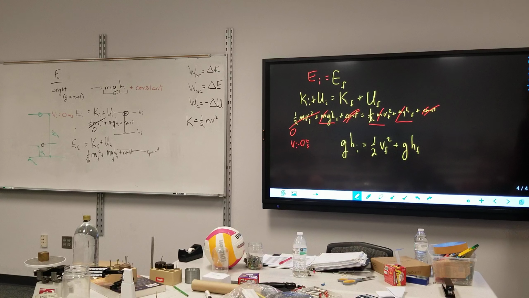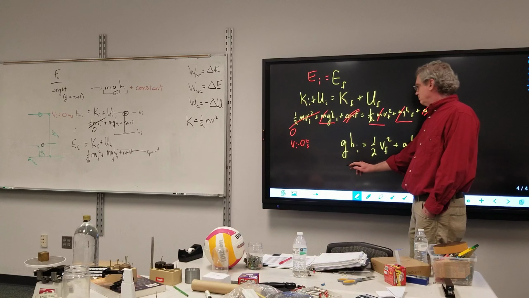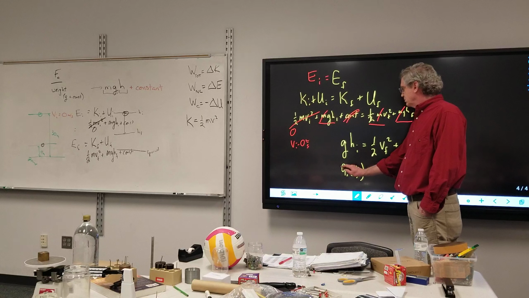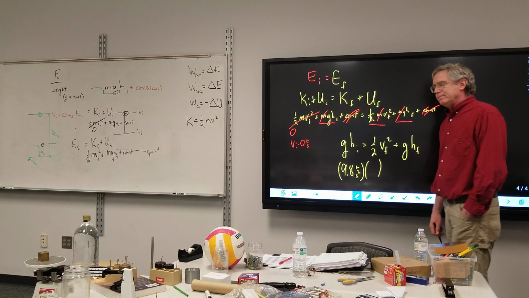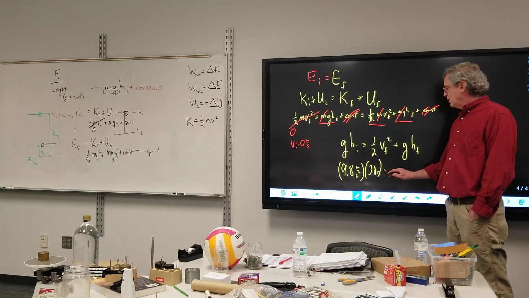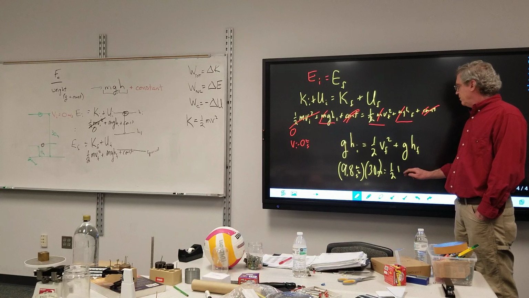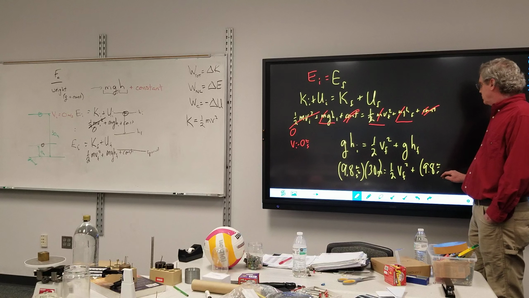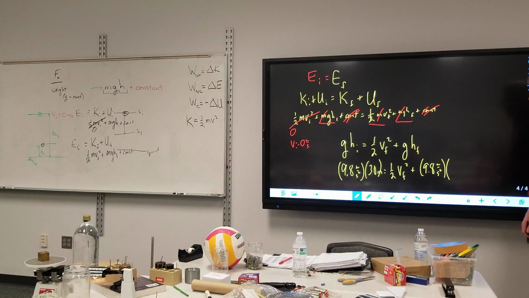So now, let's plug numbers in. g, 9.8. The initial height, 30, equals 1/2 the final speed squared plus 9.8 meters per second squared, and final height, 10 meters.